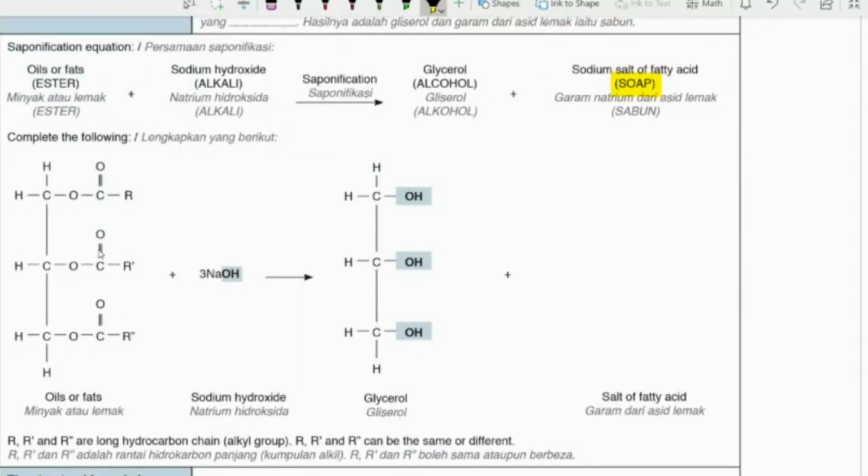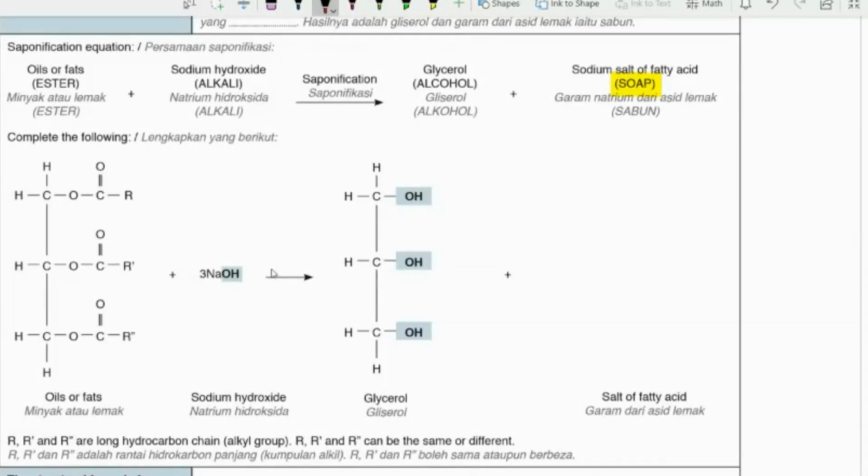In our last session, we have learned this. It reacts with the alkali, let's say sodium hydroxide, or potassium hydroxide also can. During the saponification, glycerol is produced. So what is glycerol? You can actually see this.